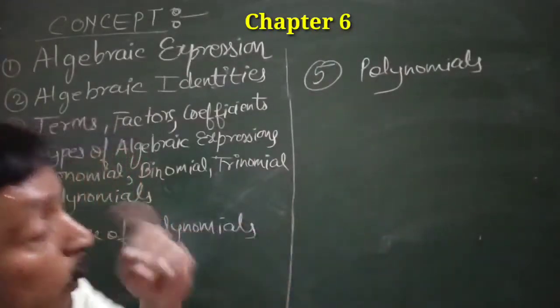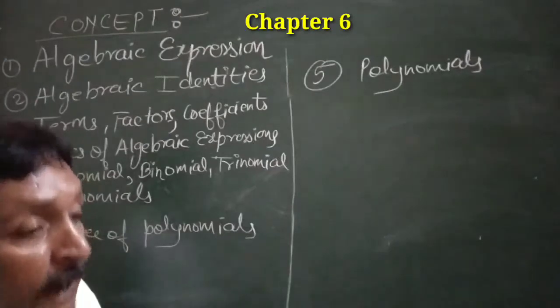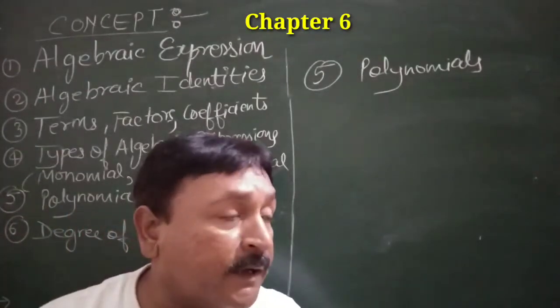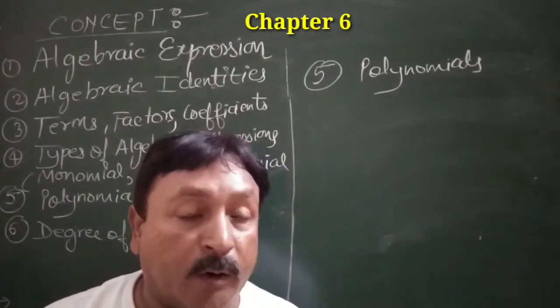Now the thing is, how can we say that whatever is given to us is a polynomial or not? There are two conditions.